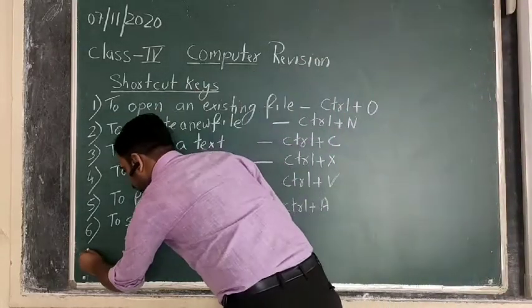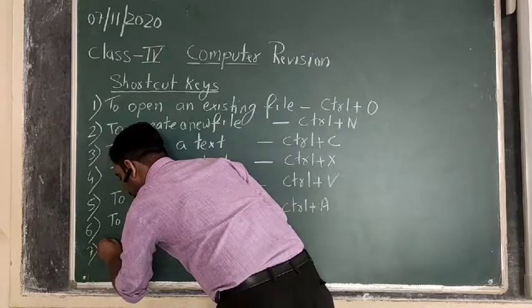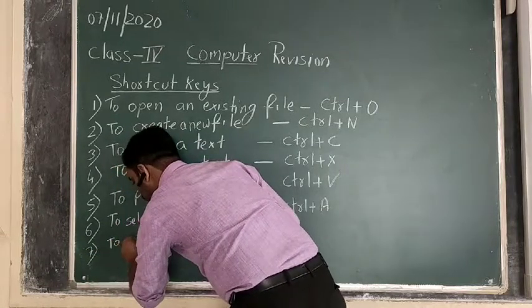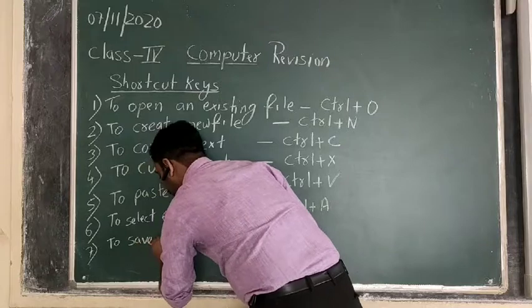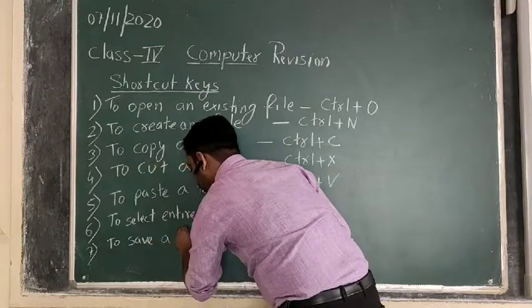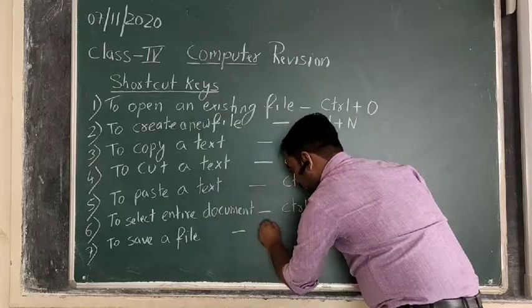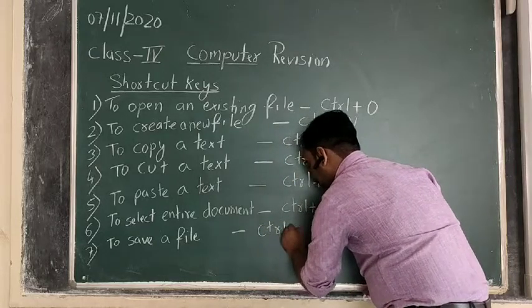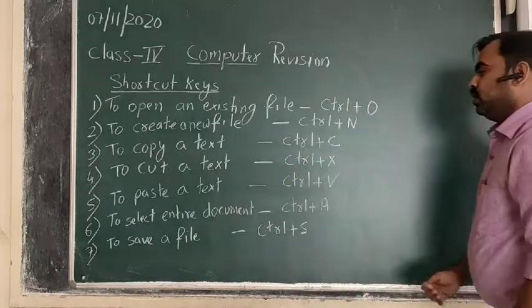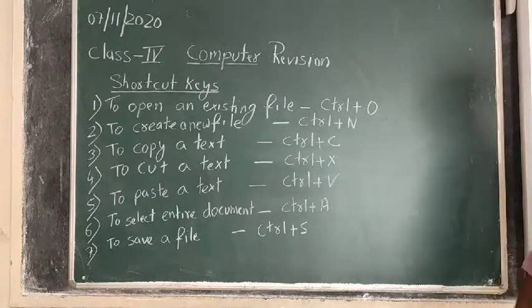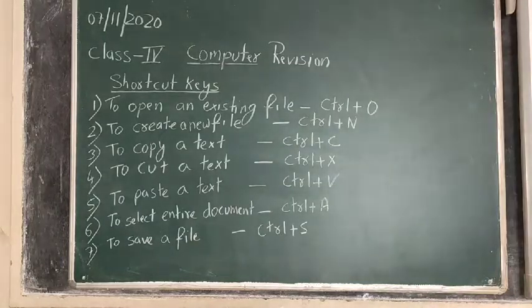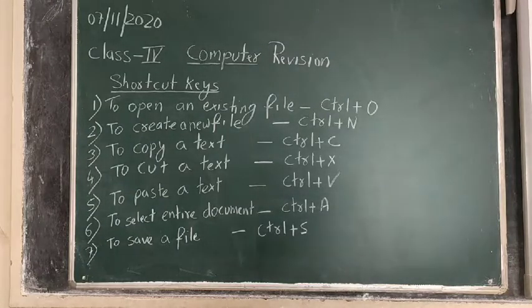Then to save a file or a document, use the shortcut key Control plus S. In order to save the file for future use, you can use Control plus S. So these are some of the keys; you can note them down.